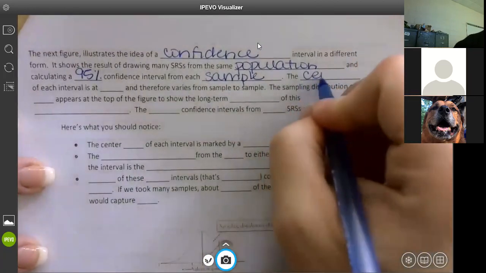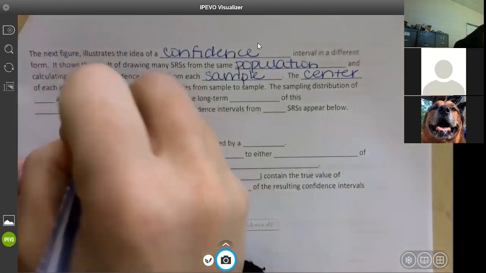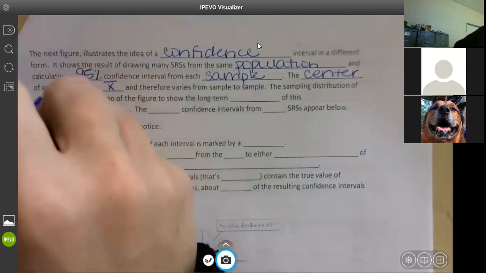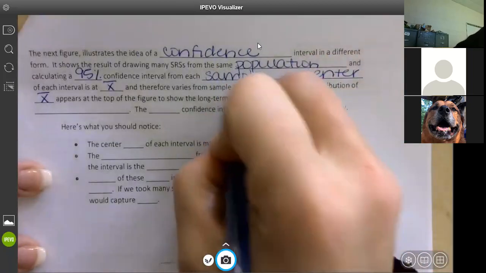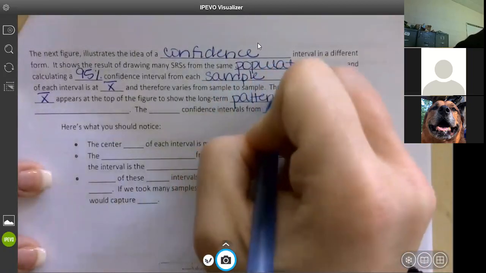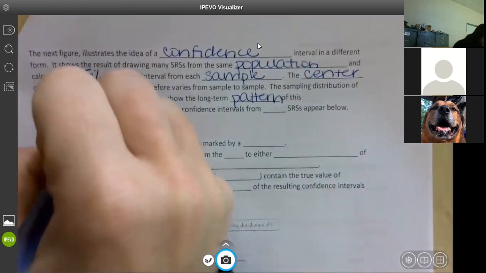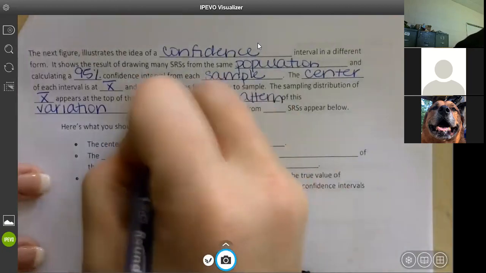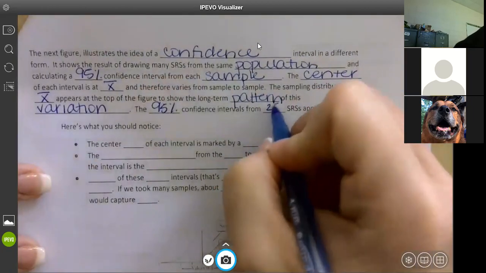The center of each interval is at X bar and therefore varies from sample to sample. The sampling distribution of X bar appears at the top of the figure to show the long-term pattern of this variation. And the 95% confidence intervals from 25 SRSs appear below.